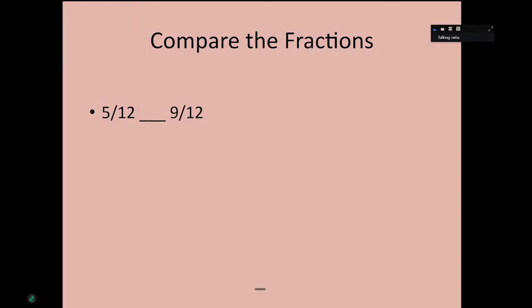And 9 is greater than 5, which means it is the bigger fraction. And the denominators are the same. So when you look at the numerators, it's 11 and 4, and 11 is much greater than 4, which makes it the bigger one.